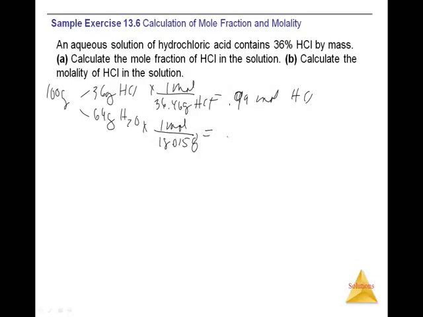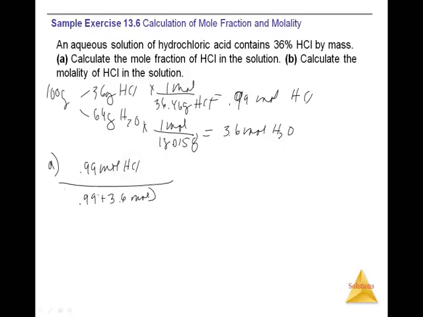This is going to give me 3.6 moles of water. So my mole fraction of HCl is going to be 0.99 moles of HCl divided by the total number of moles, which is 0.99 plus 3.6 moles. And that's going to give me a mole fraction of 0.22.